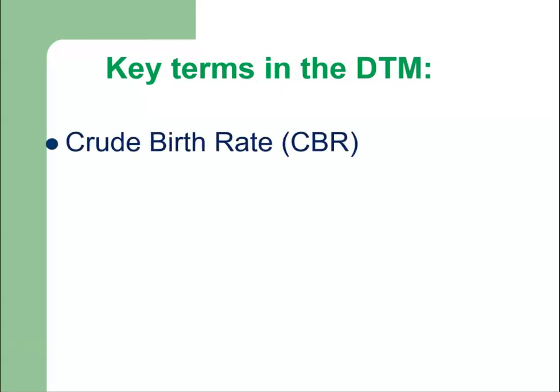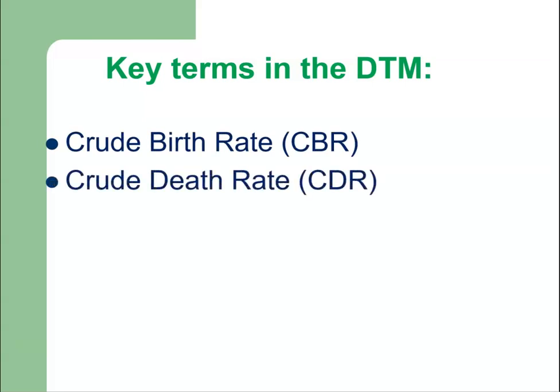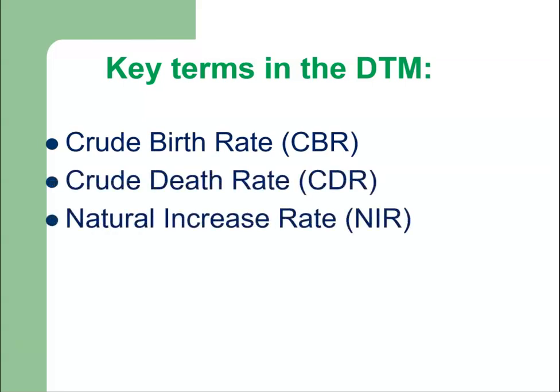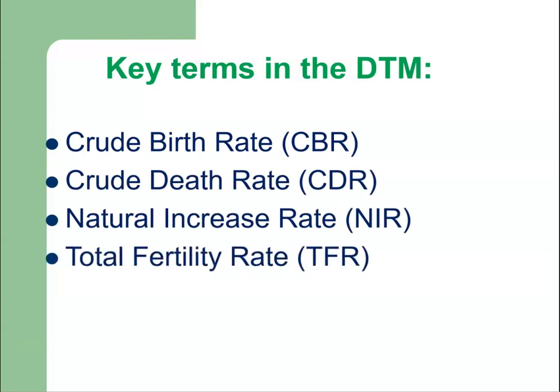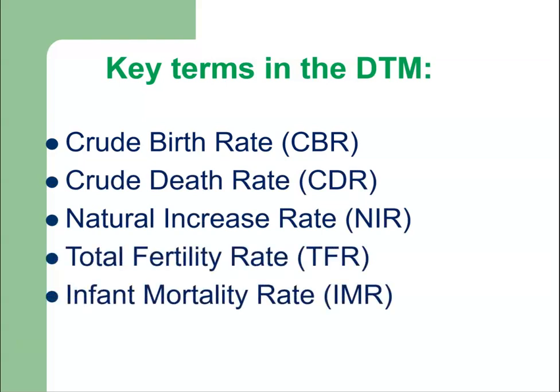Some of the key terms in the demographic transition model, that is DTM, are crude birth rate, crude death rate, natural increase rate, total fertility rate, infant mortality rate, and life expectancy.